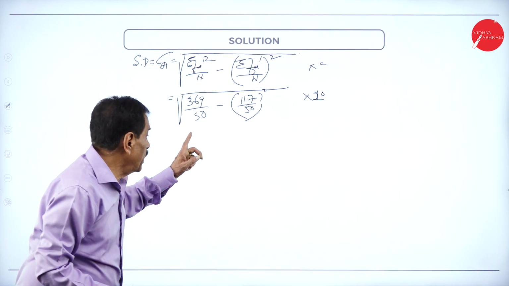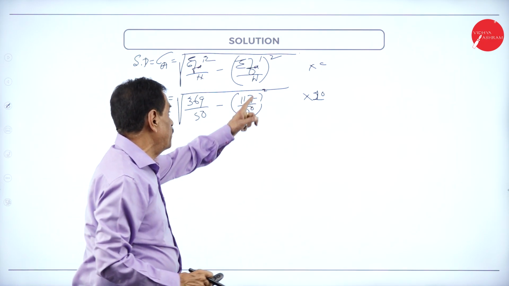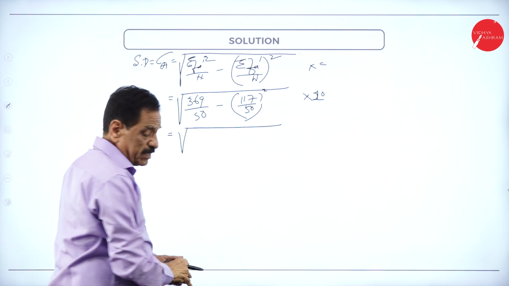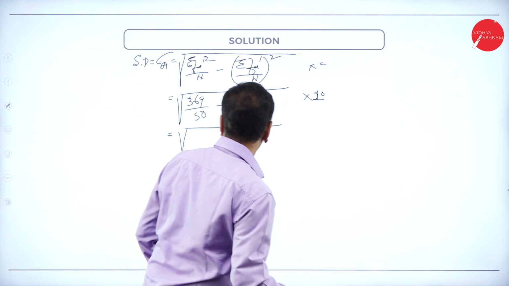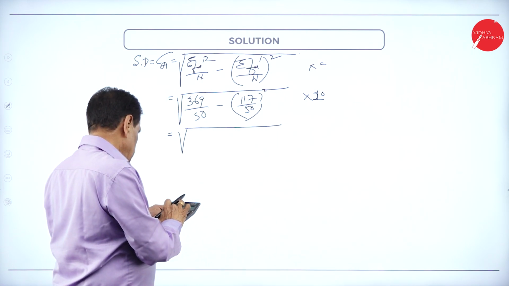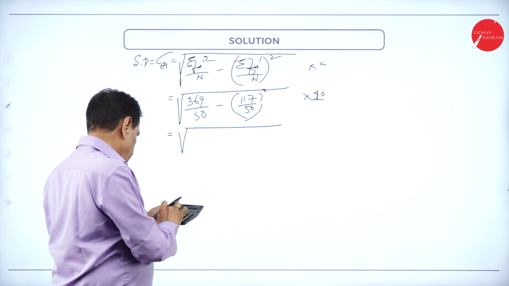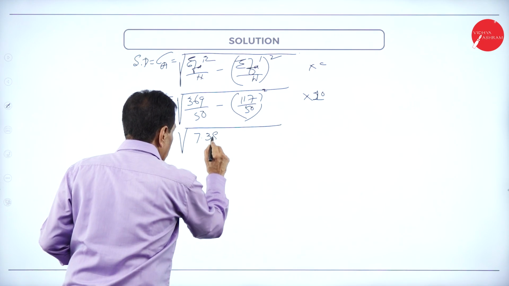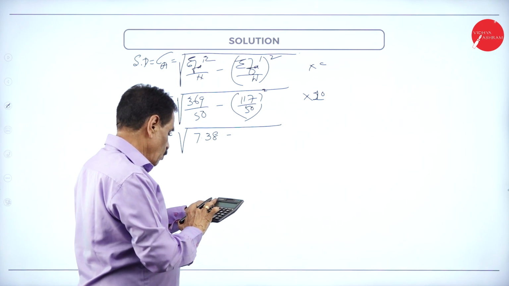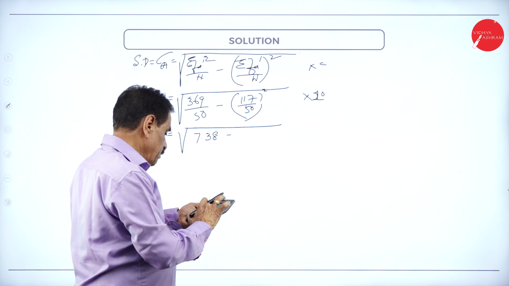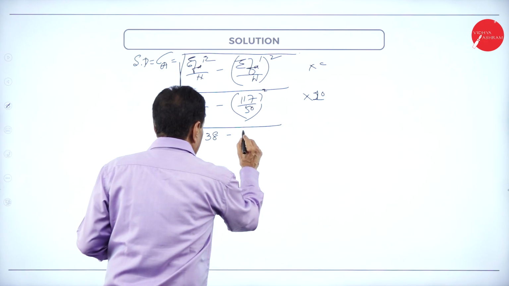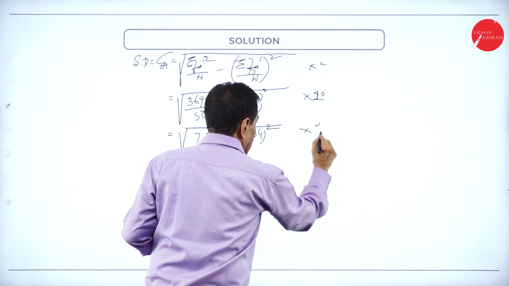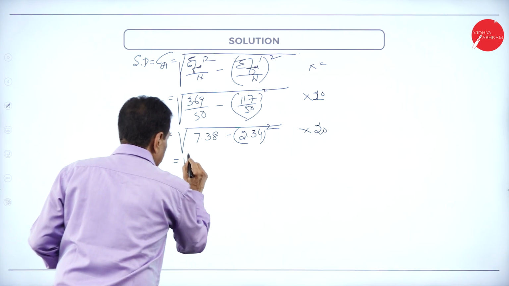So 369 divided by 50 is 7.38, minus 117 divided by 50, 2.34, whole square, into 20.